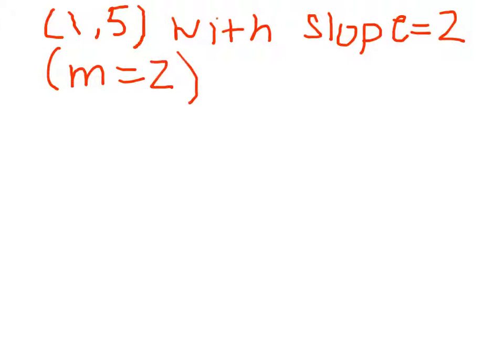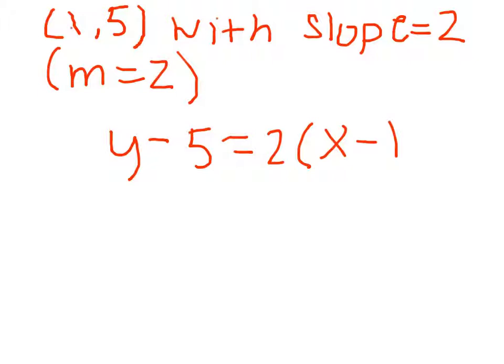So the point-slope form of this equation, you take your 5, you say y minus 5, because that's your y coordinate, equals 2 times x minus 1, your x coordinate.